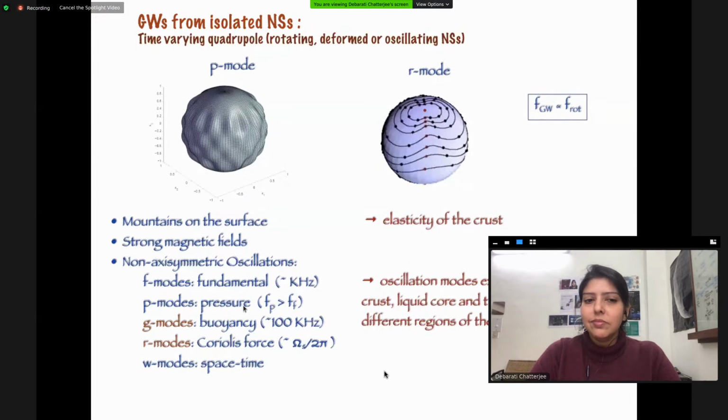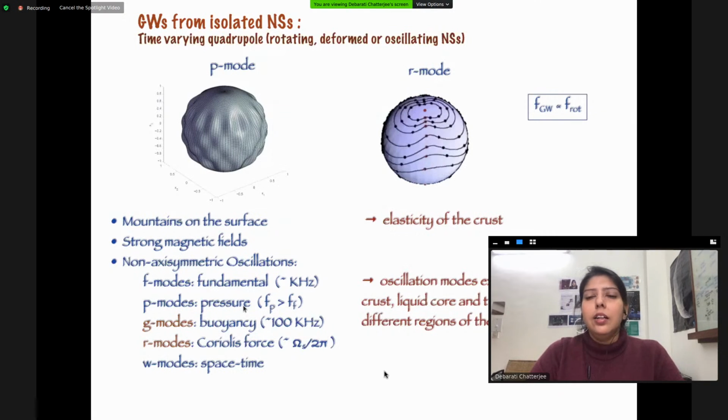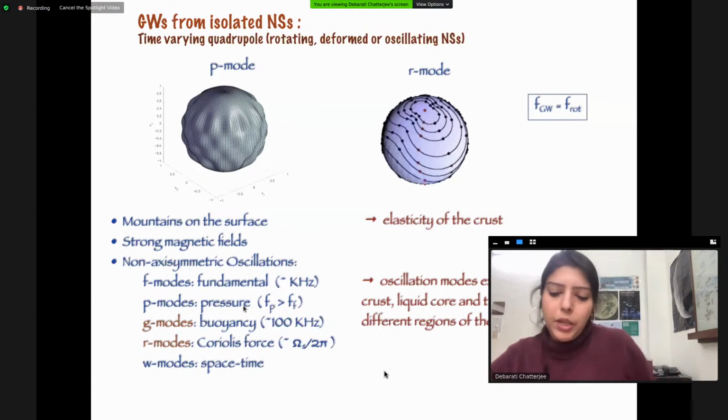So I wanted to ask, how do we differentiate between a binary and a single neutron star? The possibility completely depends on the line of sight, and we can miss a couple of binary neutron stars as well due to the lack of line of sight. Yes.